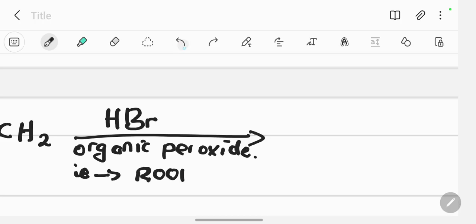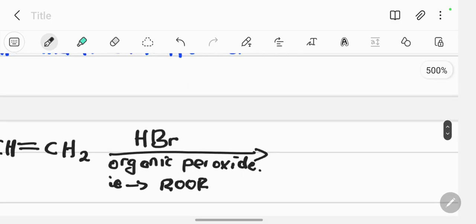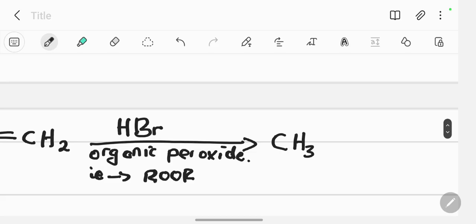These things are covered in reactions of alkenes. So what do we get? With the anti-Markovnikov, it's going to oppose that principle up there.